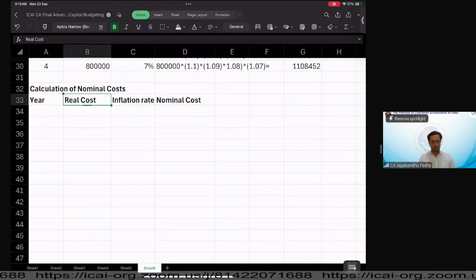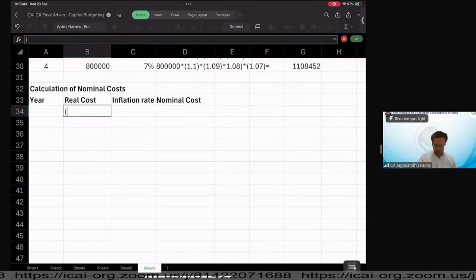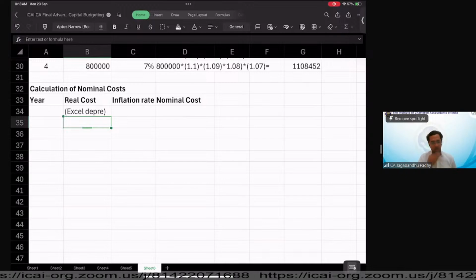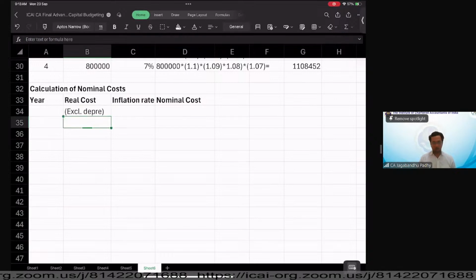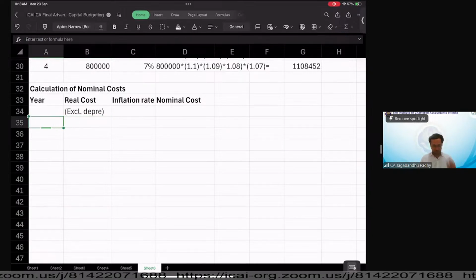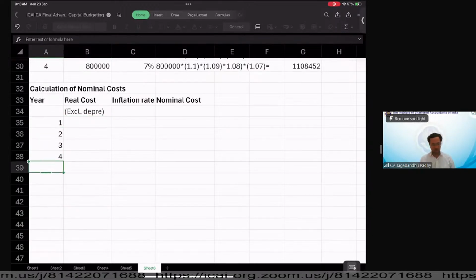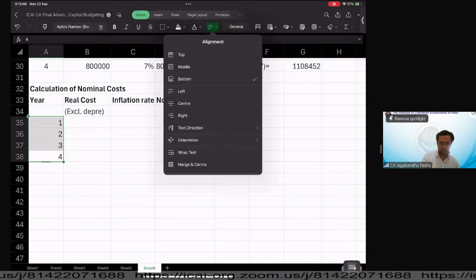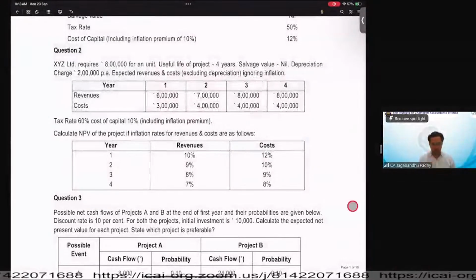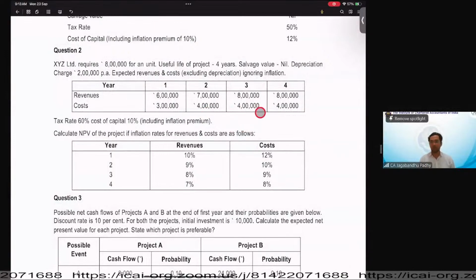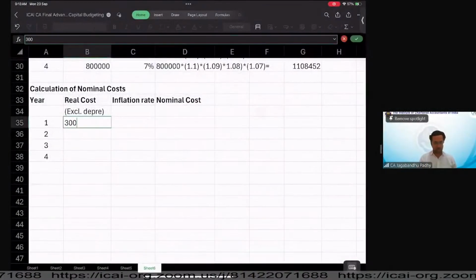But this cost is definitely excluding depreciation, because we know already that depreciation is not going to be affected by the inflation. So we write down year 1, 2, 3, 4 for each of these years. We have the real costs. Yes, real costs are like 3 lakh, 4 lakh, 4 lakh, 4 lakh.